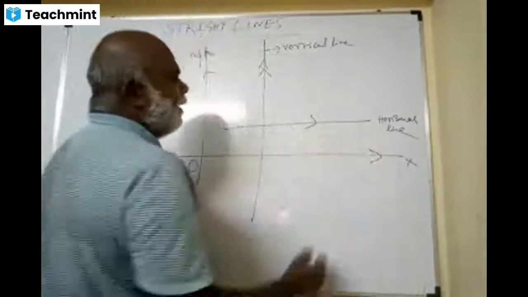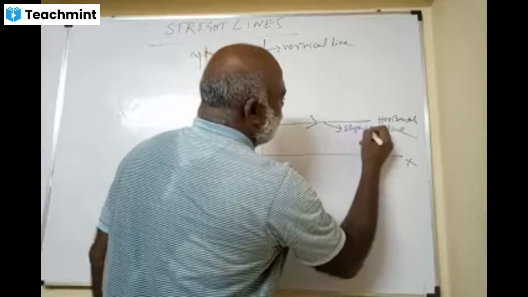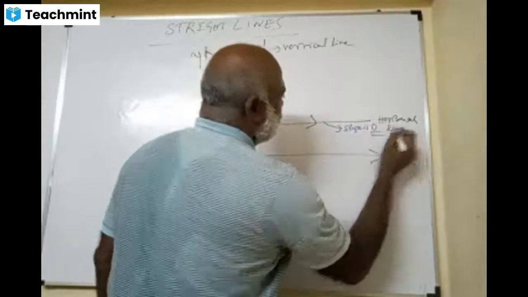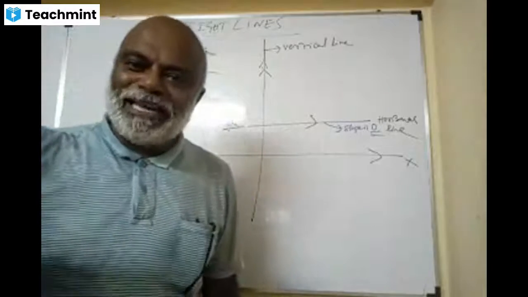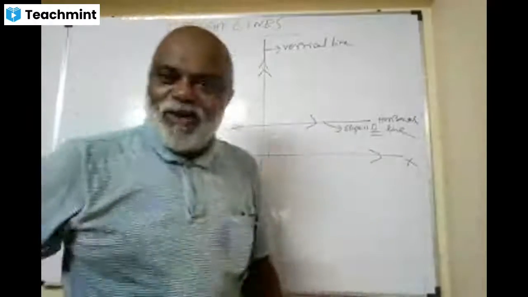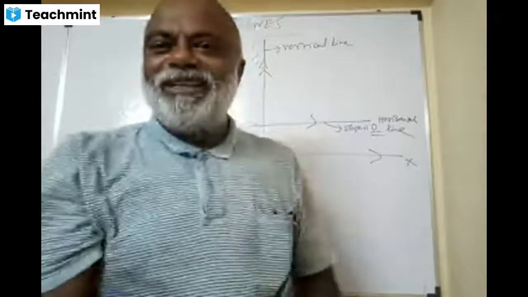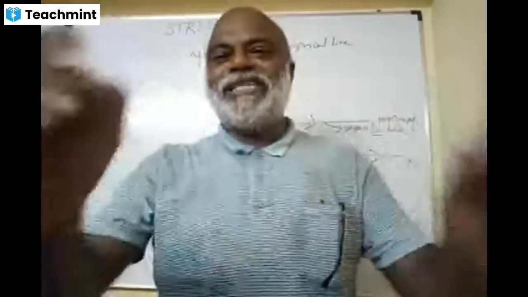And why is it easy? Because slope is zero. How do you know slope is zero? We'll come to that mathematically, but is it not easy to walk on this line? We are walking on the ground. Ground is always taken as horizontal.